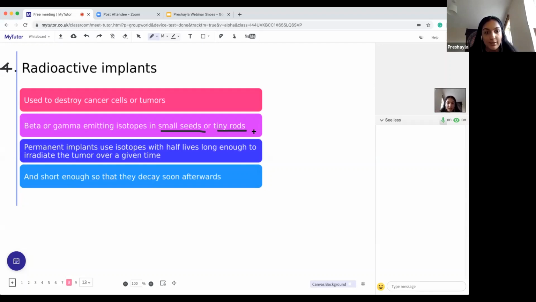So that's what the implant looks like. Now, permanent implants use isotopes with half-lives that are long enough to irradiate the tumour over a given time. So let's say we want to irradiate the tumour over a month. The half-life needs to be long enough so that we are able to do that, and short enough so that they decay soon after that.